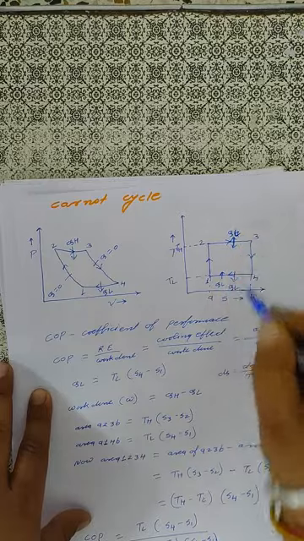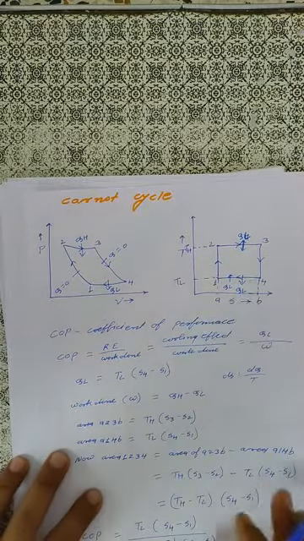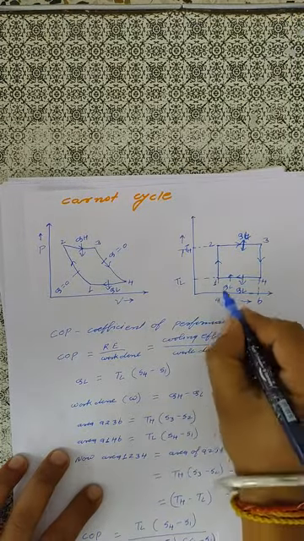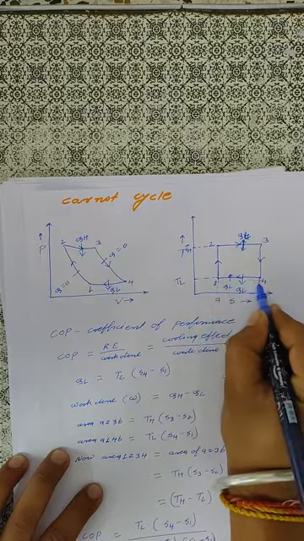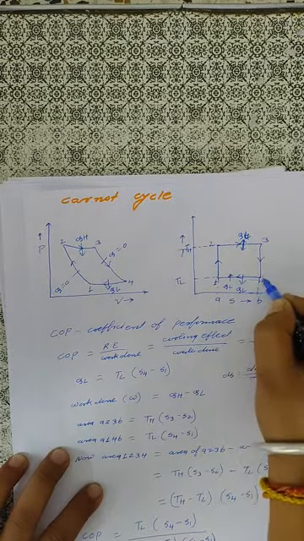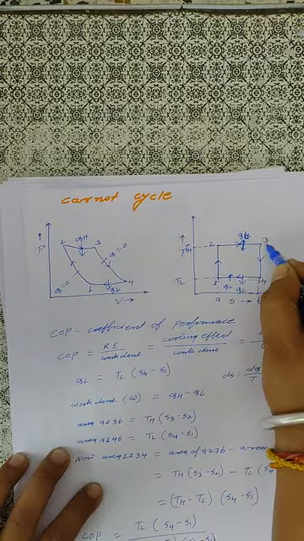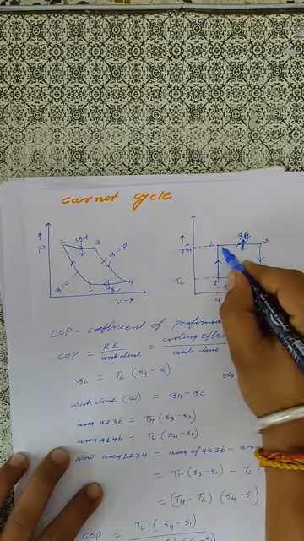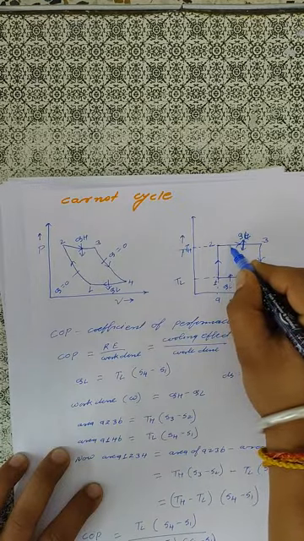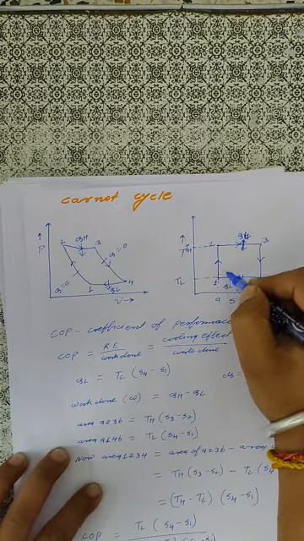That is the refrigeration. Reverse Carnot cycle is nothing but the refrigeration, because here heat is added at the lower temperature. Okay. Now 1 to 4 process is the isothermal expansion. Then 4 to 3 process is the isentropic compression. Then 3 to 2 process is the isothermal compression, and then 2 to 1 process is the isentropic expansion.